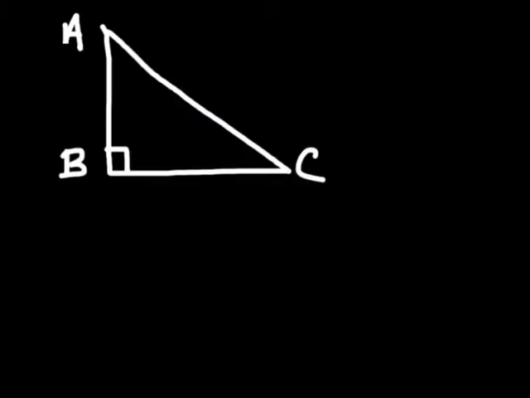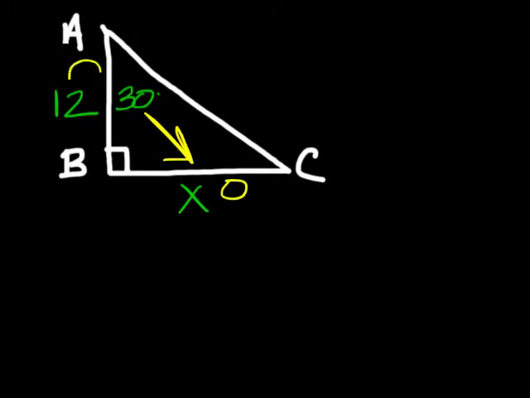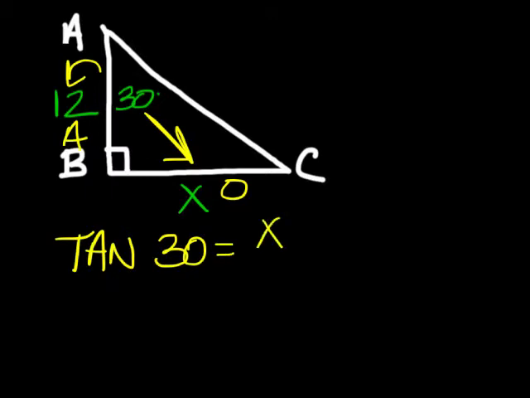Practice problem number 2. This is 30 degrees. This is x. This is 12. Solve for x and round to the nearest tenth. The solution for the practice problem. This side is opposite. This is adjacent. So it's tangent 30 equals x over 12.